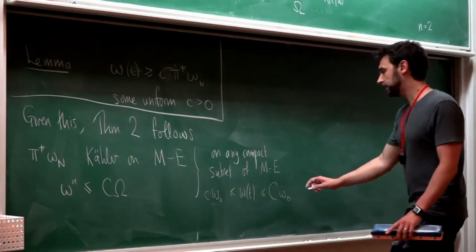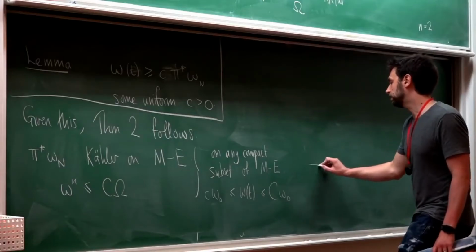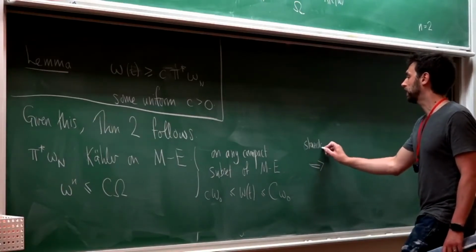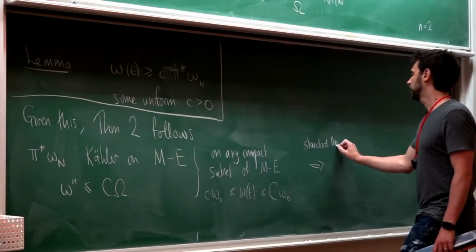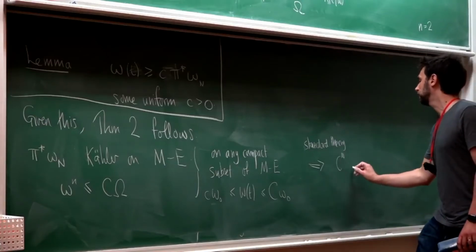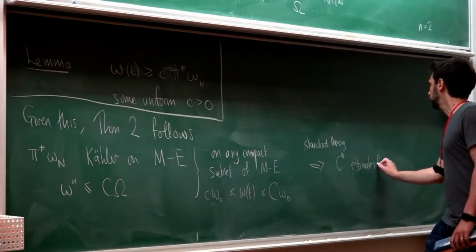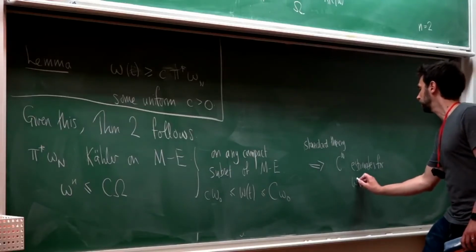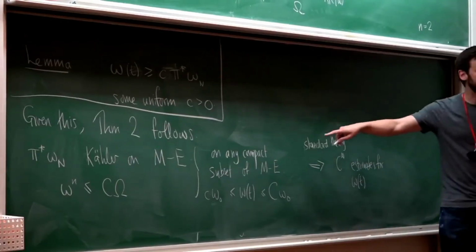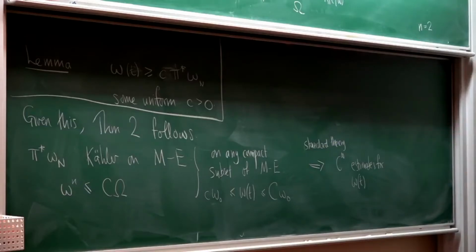But then once you have this, once you fix your compact subset, you can apply standard parabolic theory. It tells me that actually you get C infinity estimates for omega t. So you can apply this parabolic Evans-Krylov theory, for example, and you get all the estimates.